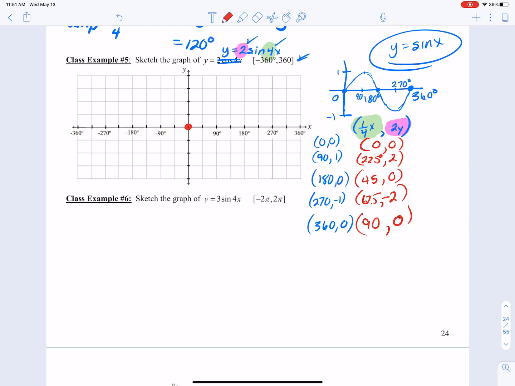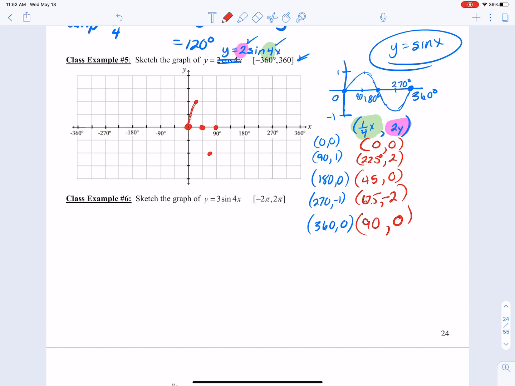All right, let's plot this new graph. 0, 0. 22.5 and 2. 45 and 0. 67.5 and -2. And 90 and 0.